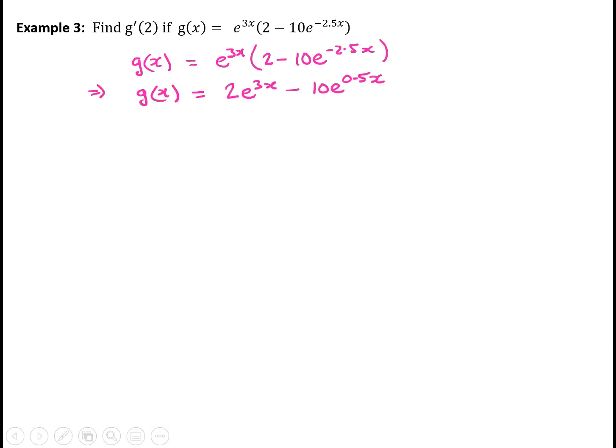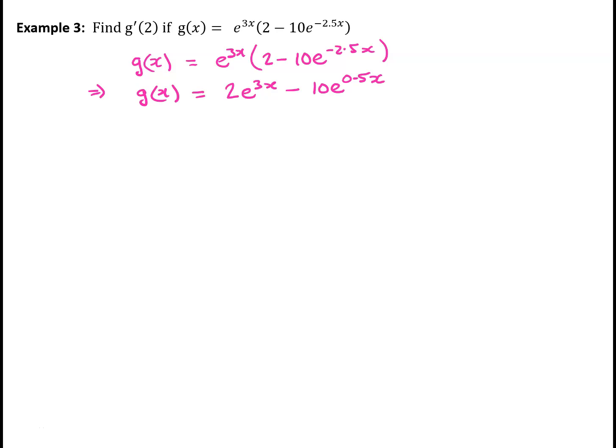So g of x can be written as 2e to the 3x minus 10e to the 0.5x, because e to the 3x times e to the minus 2.5x is e to the 3x plus minus 2.5x, in other words e to the 0.5x. Just use your laws of indices carefully.